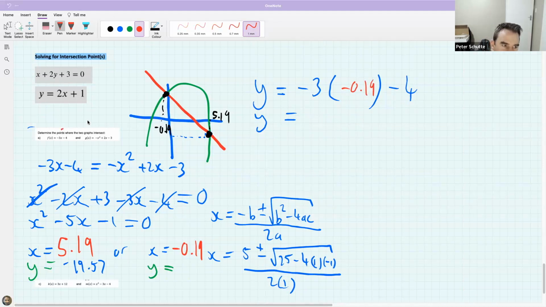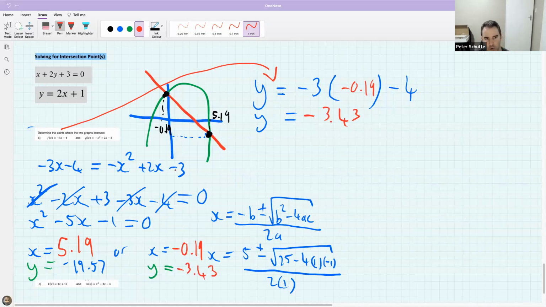Notice how I'm using that structure. So we get minus 3.43. And this is what we call our intersection points.